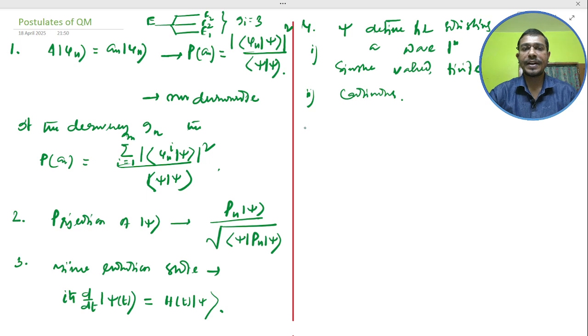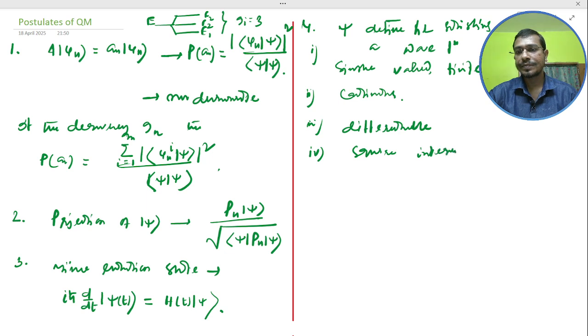Continuous means the left hand limit and the right hand limit should be the same. Differentiability means the left hand derivative and the right hand derivative should be the same. This is called differentiable. Next, square integrable. We already defined it. This is the condition for psi to satisfy as a wave function.